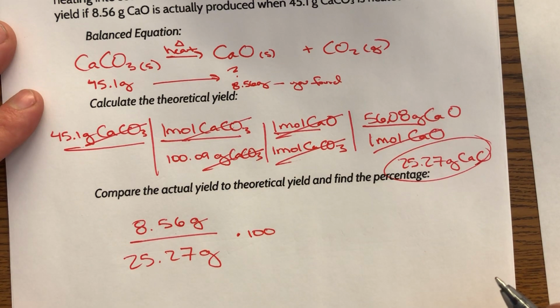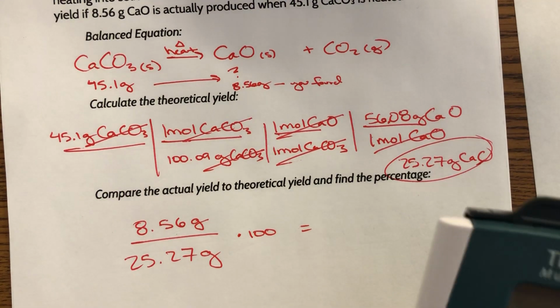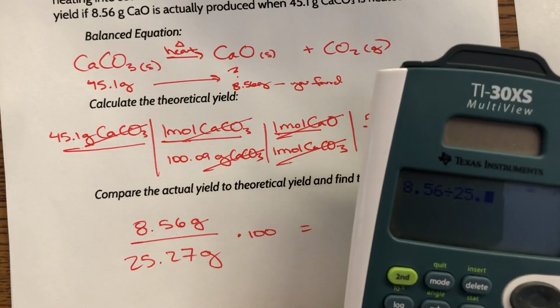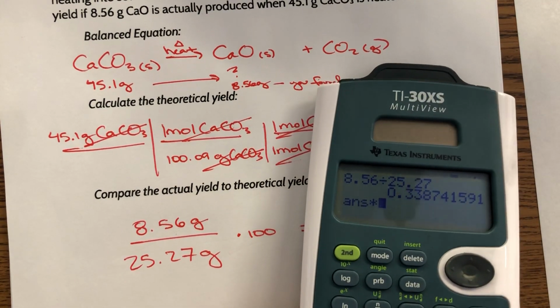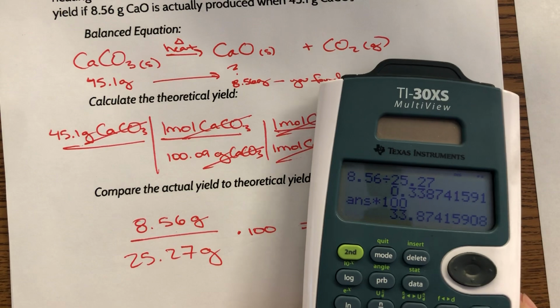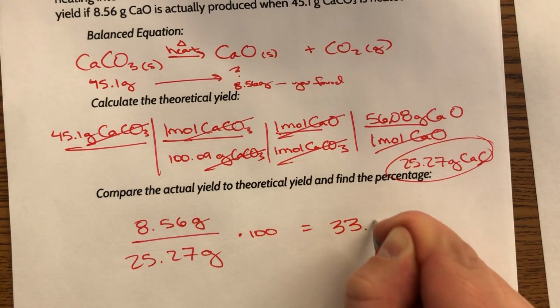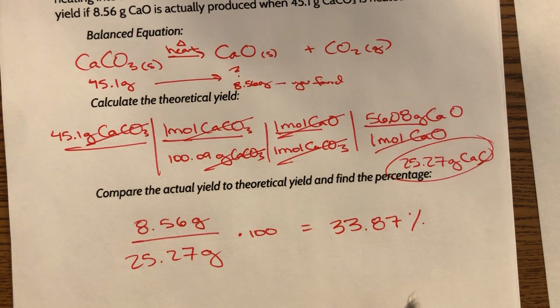So we have 8.56 divided by 25.27. It's 0.33, times 100. It's going to be 33.87%. So our percent yield is that we only got about a third of our product.